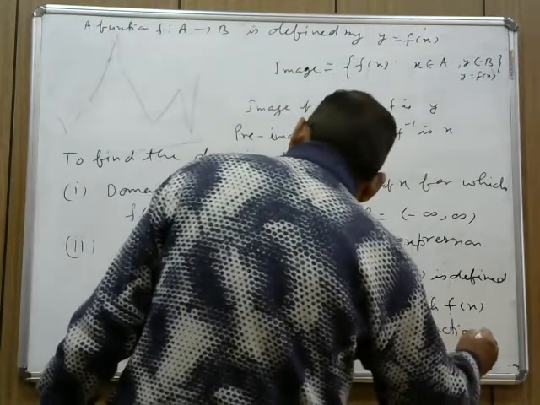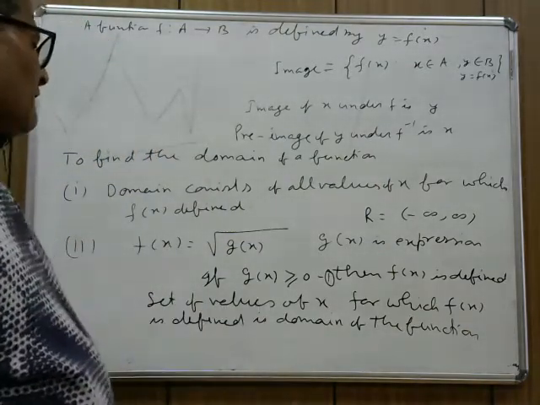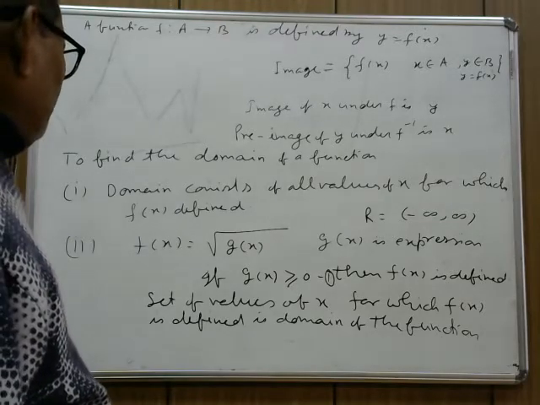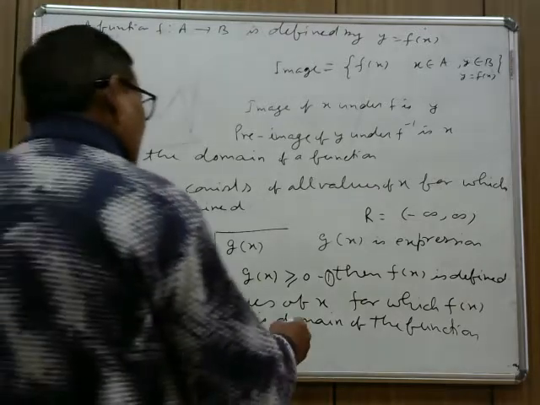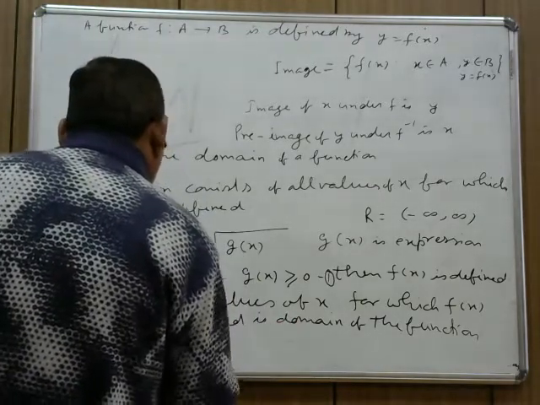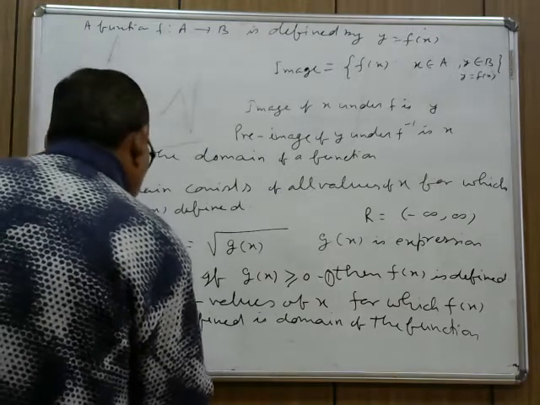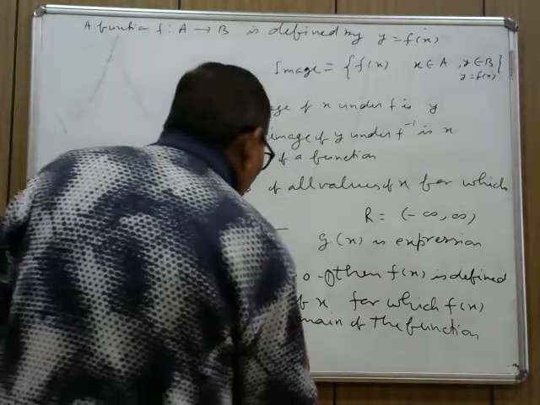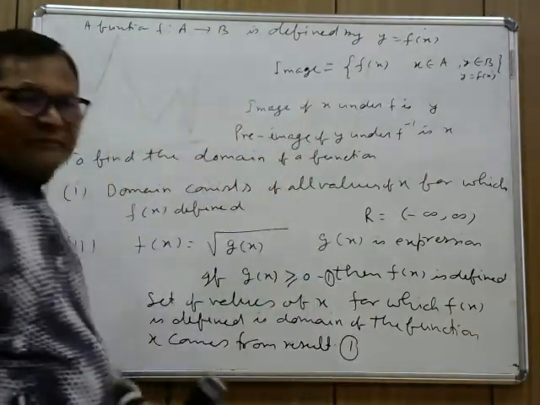Set of values of x for which f(x) is defined is the domain of the function. And from where does this x come? x comes from result 1. You remember that.